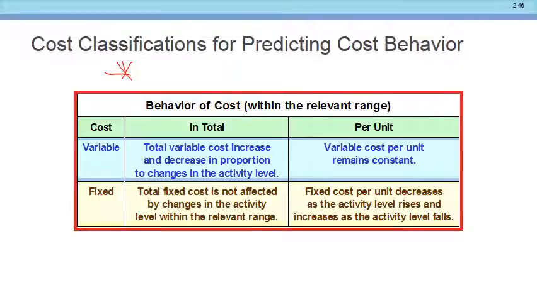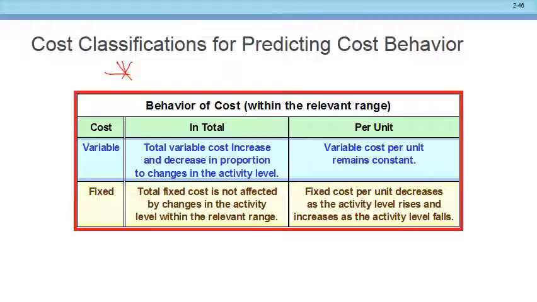But what happens? On a per unit basis, my fixed cost per unit decreases with the level of production. If I produce 1 unit, what's my fixed cost per unit if my fixed costs are 100,000? You just take the 100,000 divided by the 1 unit.